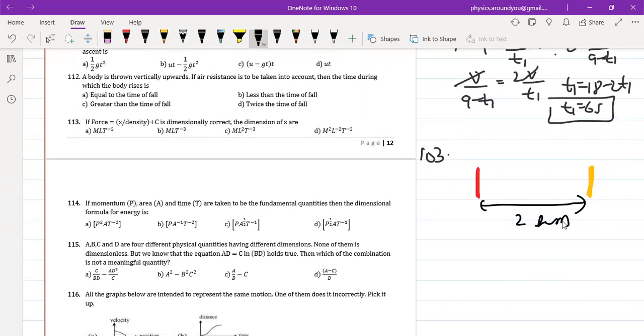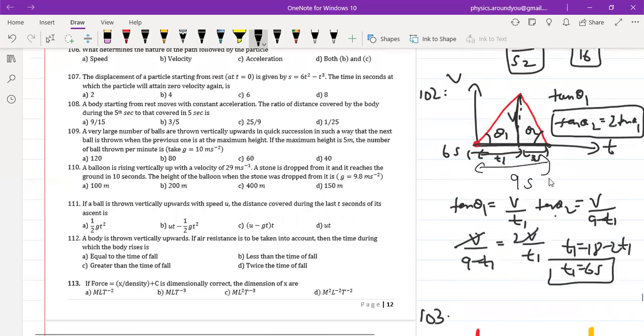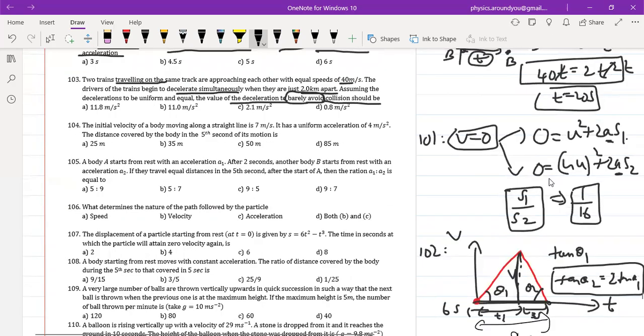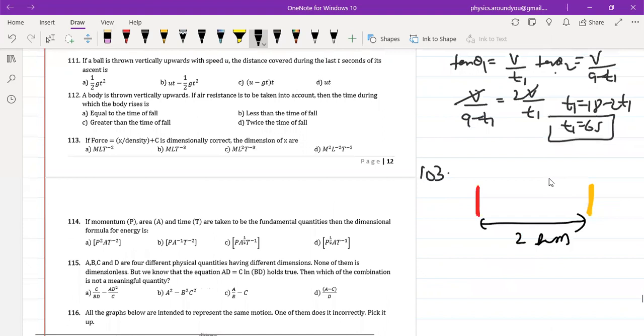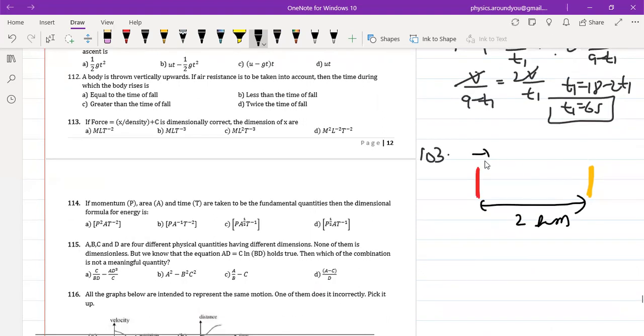And it is 40 meter per second each speed. So here it is going with V equal to 40. Here also it is moving with 40 meter per second.